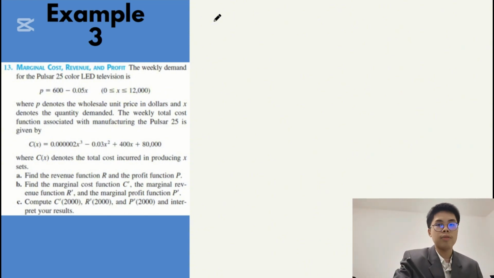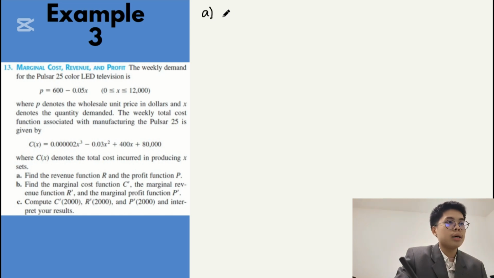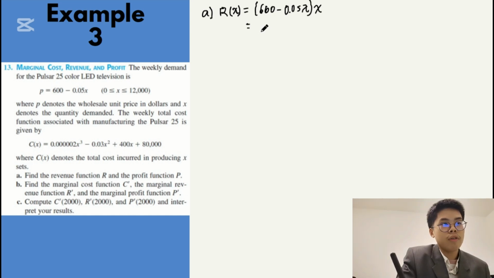First, we need to find the revenue function. The revenue function is the unit price times the quantity demanded, which is 600 minus 0.05x times x, and you get the revenue function 600x minus 0.05x squared.